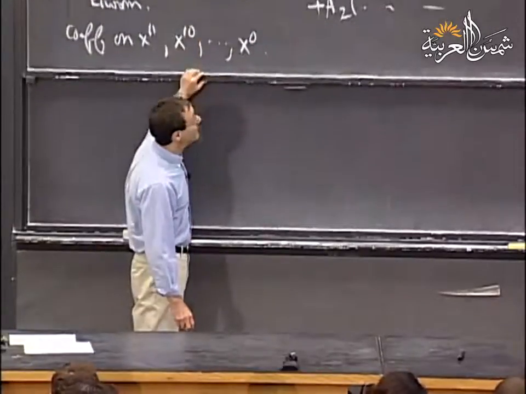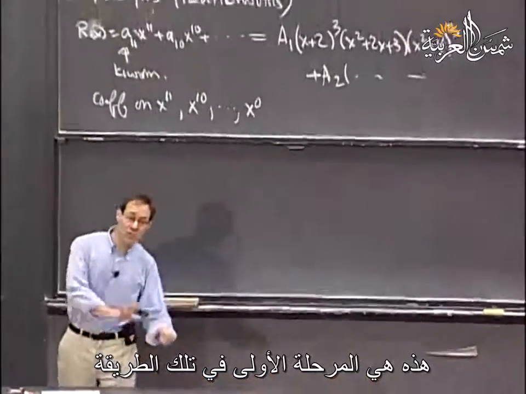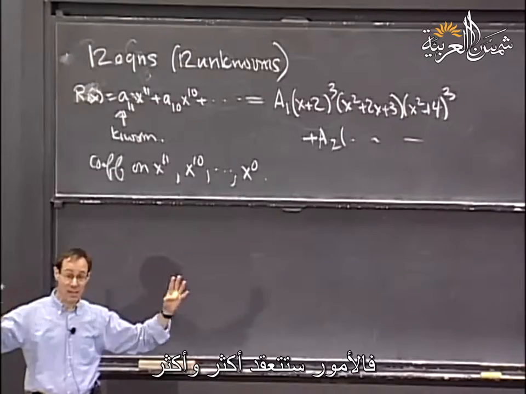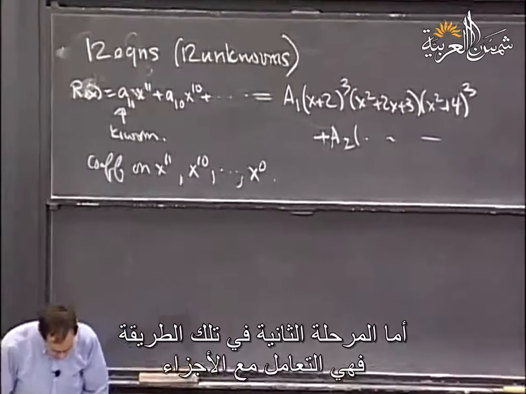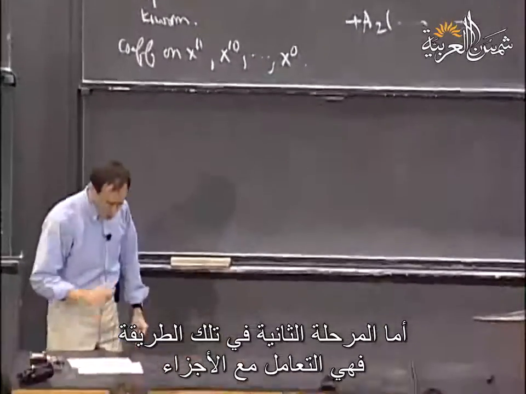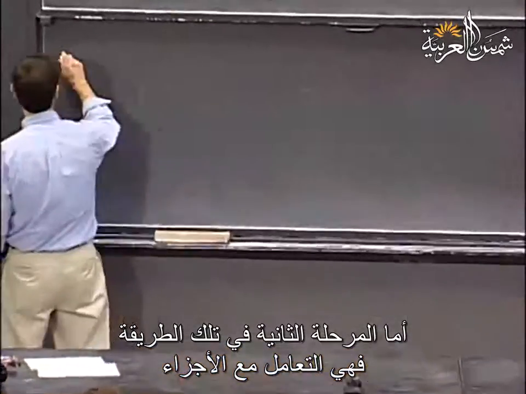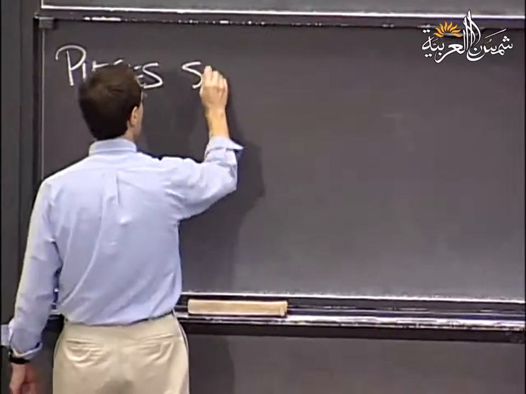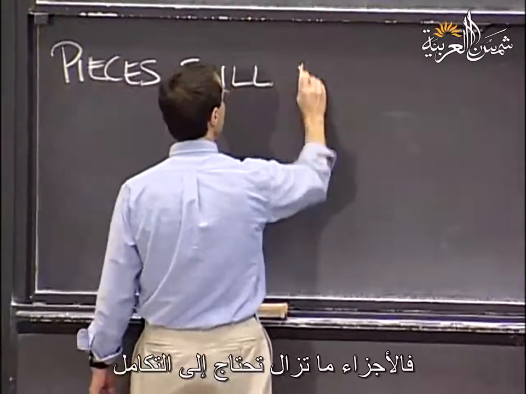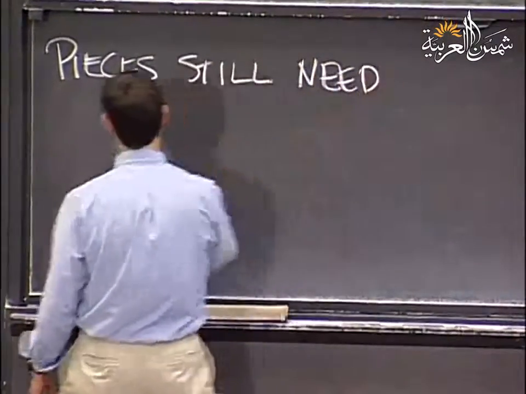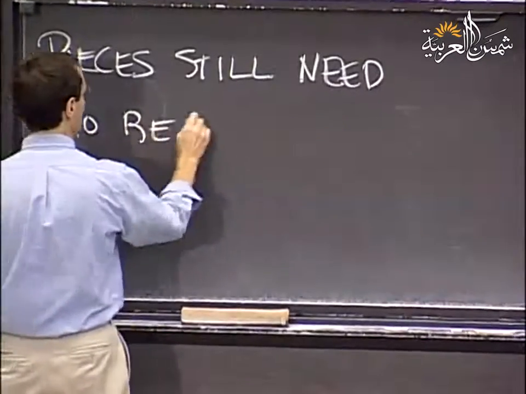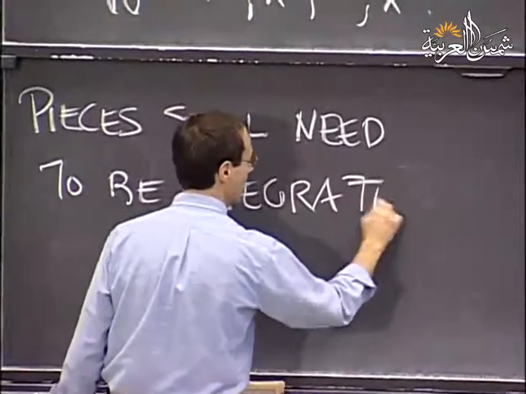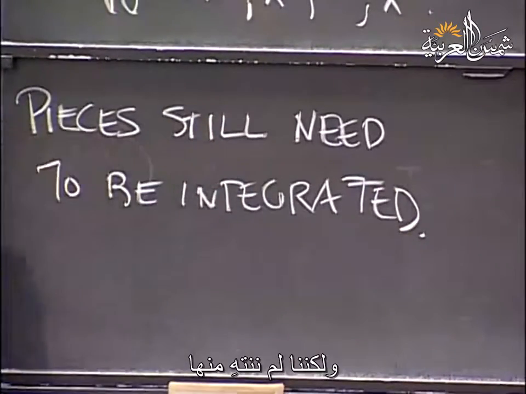All right. Now that's the first downside to this method. It gets more and more complicated as time goes on. The second downside I want to point out to you is what's happening with the pieces. So the pieces still need to be integrated. Right? We simplified this problem, but we didn't get rid of it.